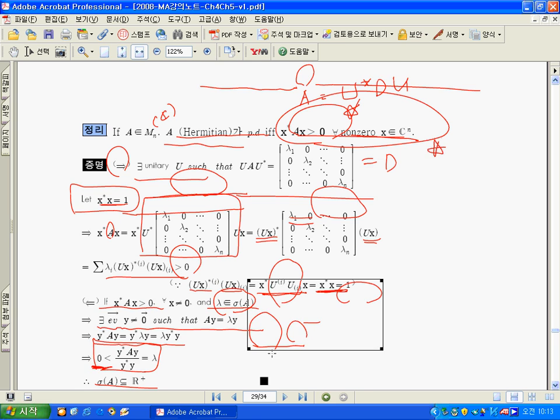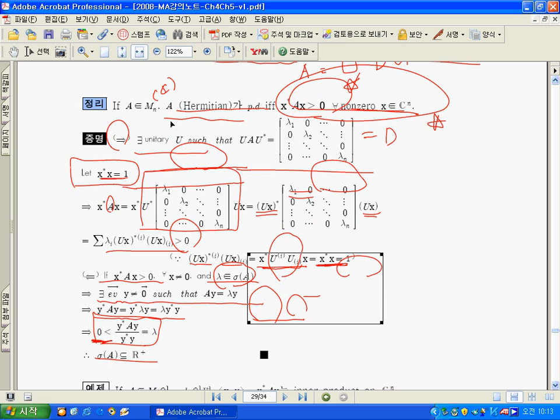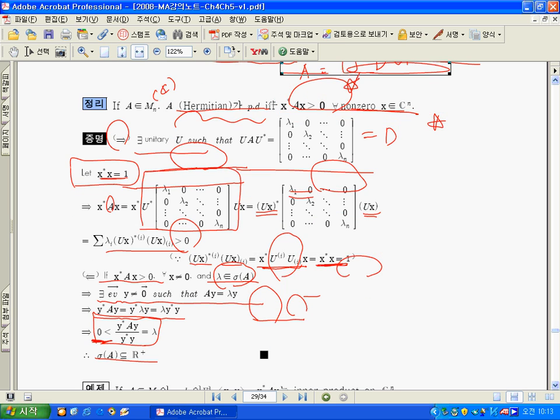Okay? So this is a very important property. If you have a positive definite matrix, then you can always say X star AX is strictly greater than 0.